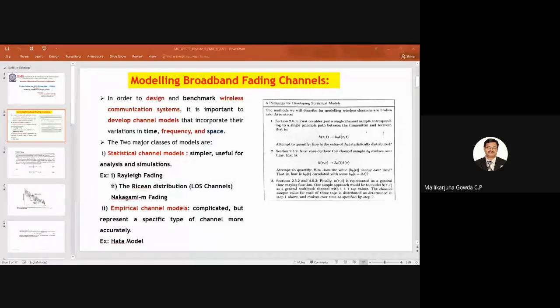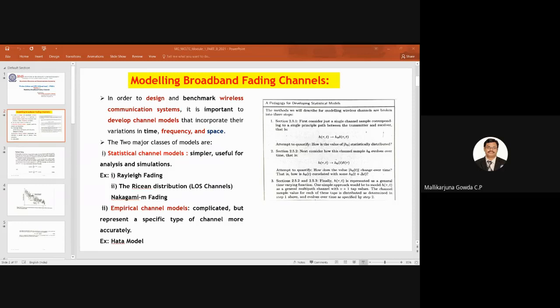With that, we will discuss three different types of statistical channel models. One is Rayleigh fading, which is usually used for non-line of sight paths. The second is the Ricean distribution, which considers the line of sight channel, that is the dominant path between the transmitter and receiver.